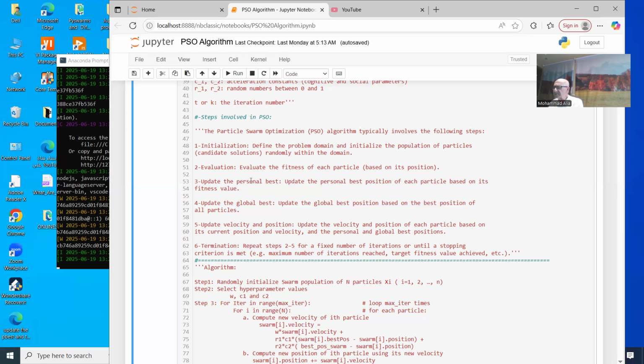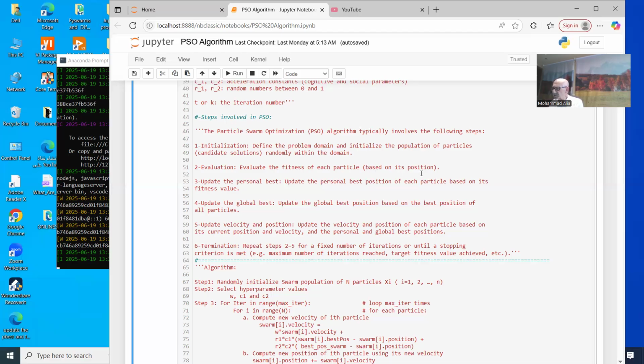The second step is the evaluation, where we find the fitness of each particle based on its position. What is meant by that?